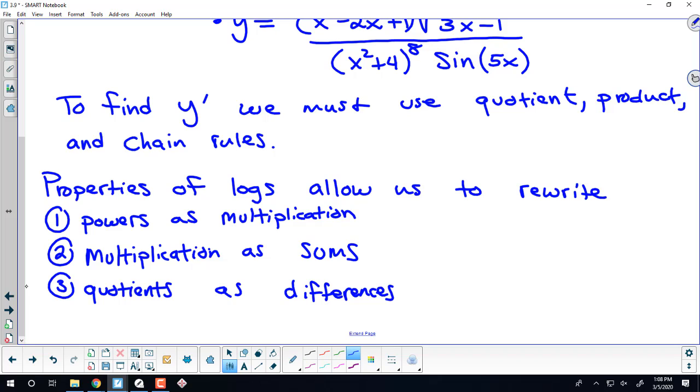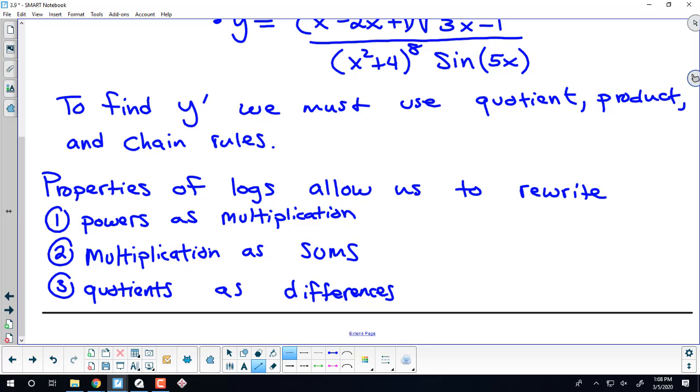So you take more complicated operations, if you will, powers, multiplication, and quotients, and you turn them into much simpler operations with properties of logarithms. So that's why we use this method sometimes.